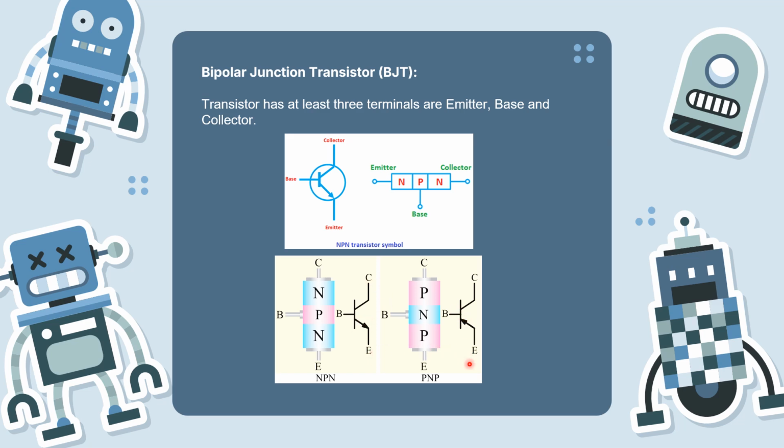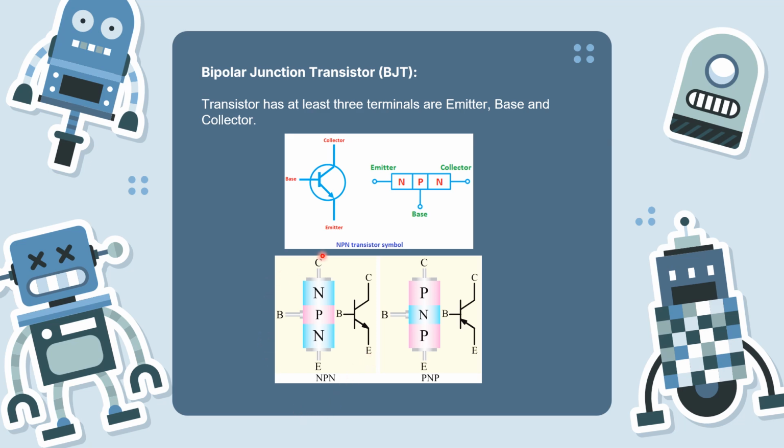But for the PNP one, you should put a voltage less than the emitter one. For example, if you put 0 volts on the emitter, you should put minus 0.7 volt on the base of the PNP one to turn it on. We will learn about them in the practical. You will use them, so it's okay, don't worry about that.